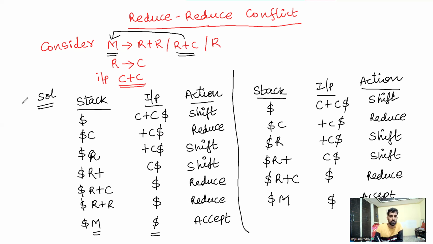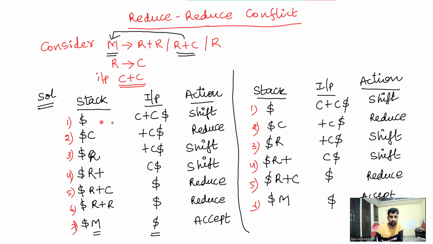Now let me give a numbering for this production. So what are the numberings we have? It is the first one, second one, third one, fourth one, fifth one, sixth one, and seventh one. Let me give numbering here also. Now, if you observe in the first line, dollar is there.